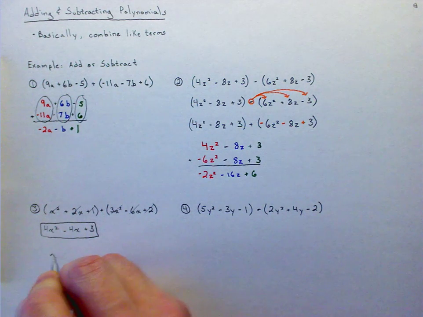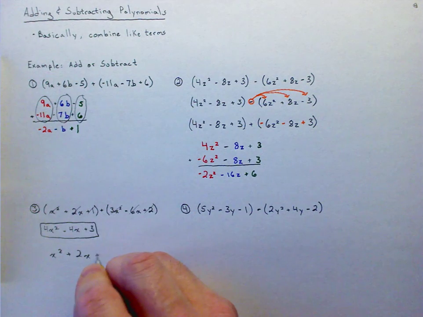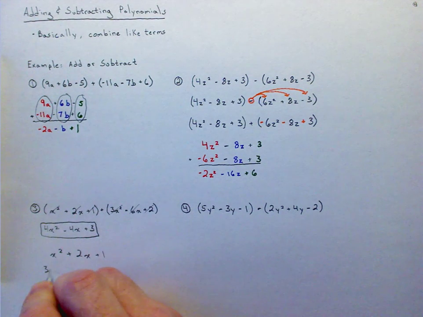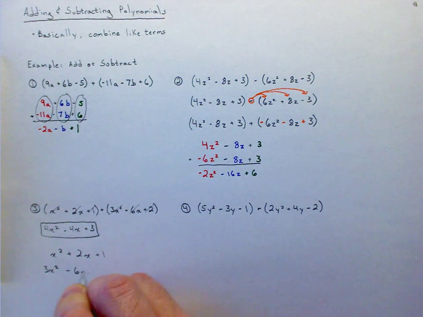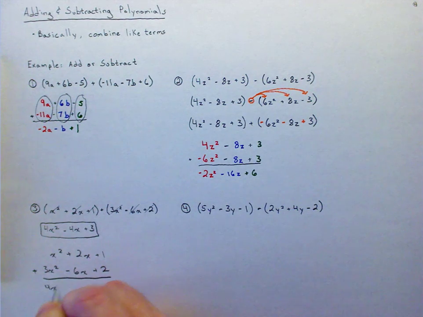Otherwise, on the safe side, I can write it out to where it is vertical. And then I add them together. This becomes 4x squared, this becomes a negative 4x, and this becomes 3.